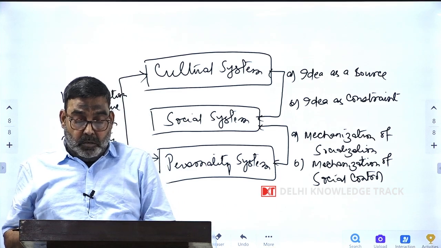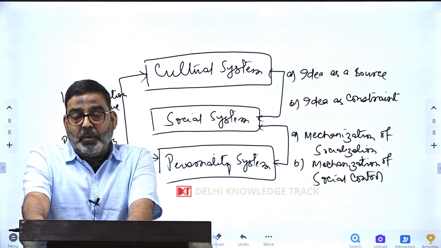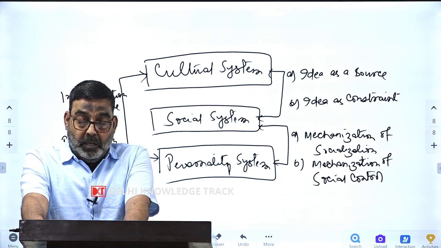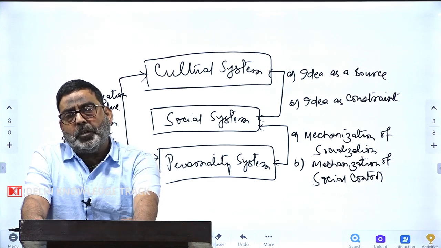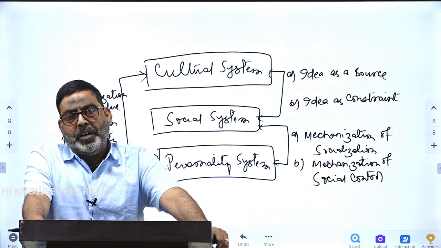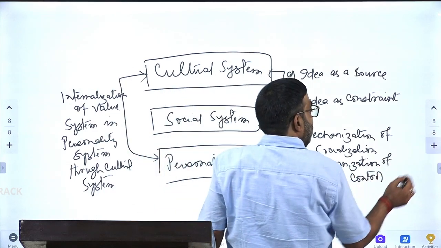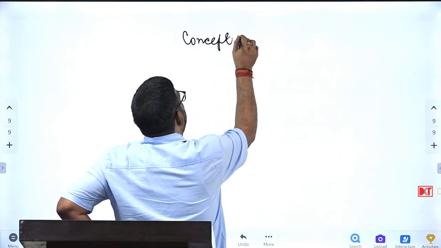All right? Parsons focus on homeostasis, tendency for stable equilibrium, regulation and maintenance of stability. Okay? Whenever there is a disequilibrium, it will be coming back to its own position, and from there, the equilibrium would be maintained. And with this, we will be talking about the concept of AGIL.